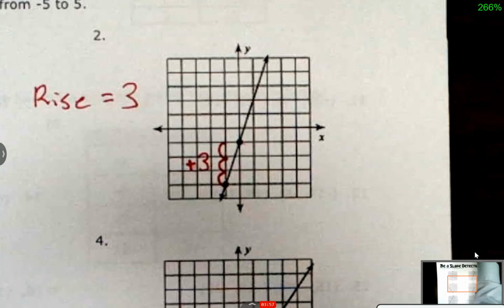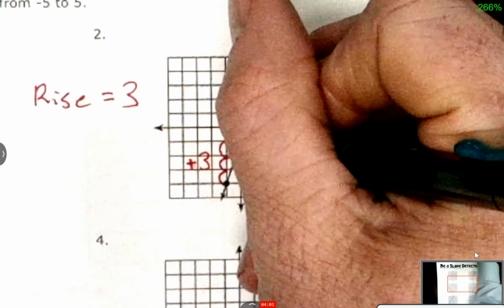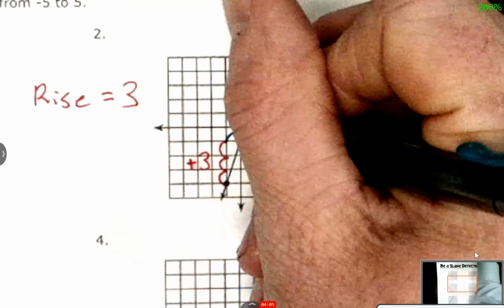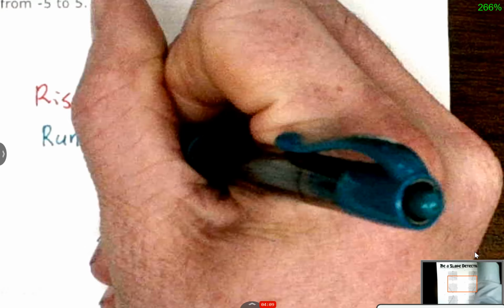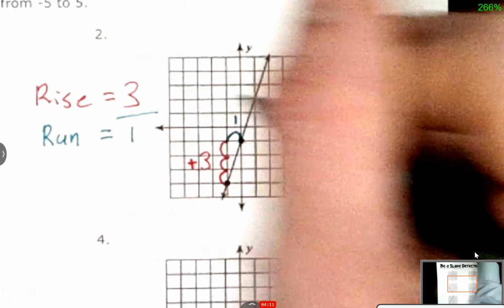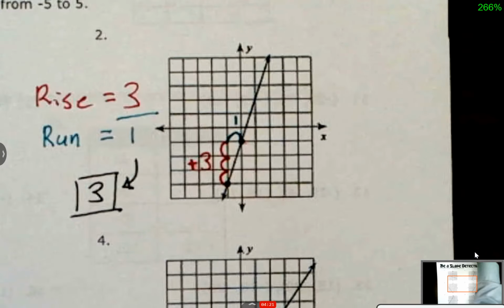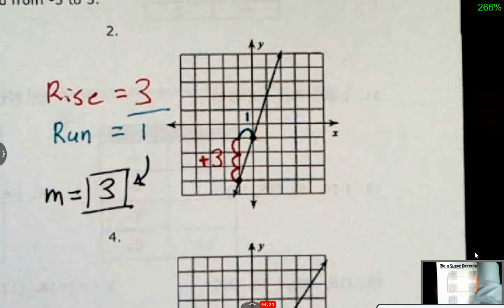Now we do the same thing with run. Where I left off, back to the second point, I ran 1 unit. So my rise is 3, my run is 1. We always set it up as a fraction. 3 divided by 1. What's 3 divided by 1? 3. So my slope, which we call m, equals 3.